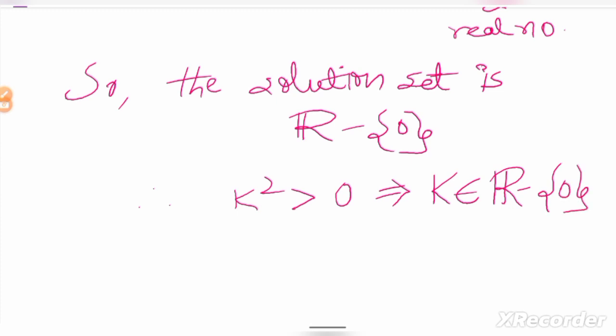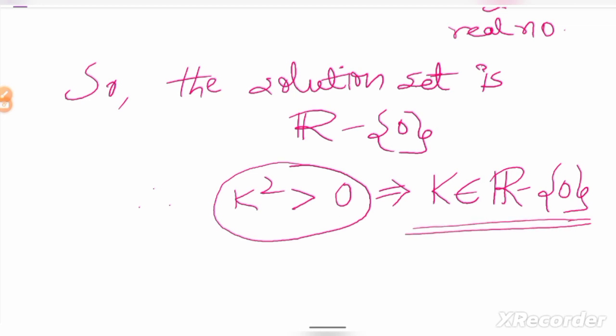So whenever we are given that k square is greater than 0, that means k is a real number but not equal to 0. So we can say that k is a non-zero real number.